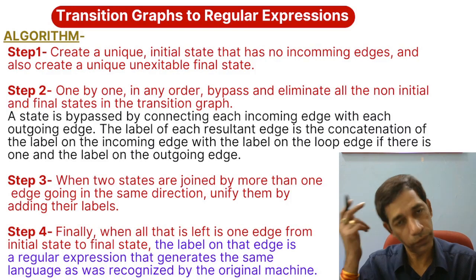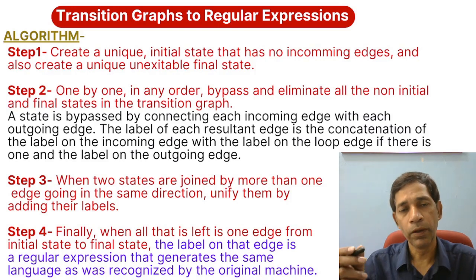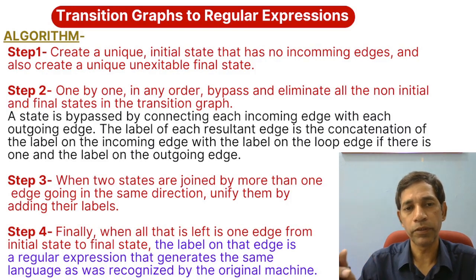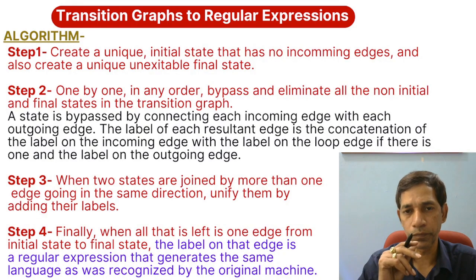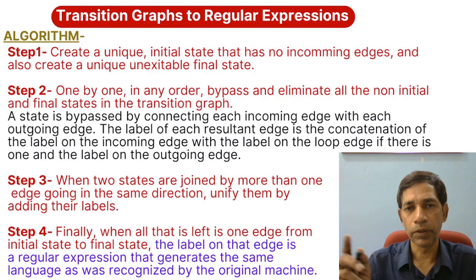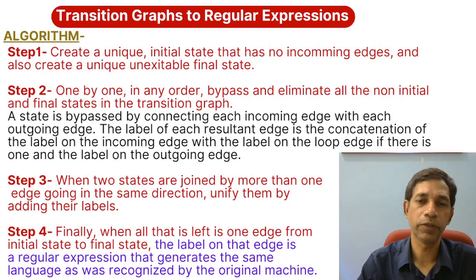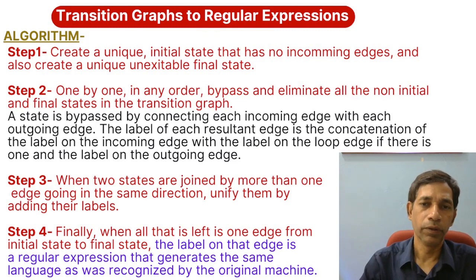Then we go to step 2, which says that we have to bypass and eliminate the states of the given transition graph one by one. The process of bypass and elimination of states is very simple.